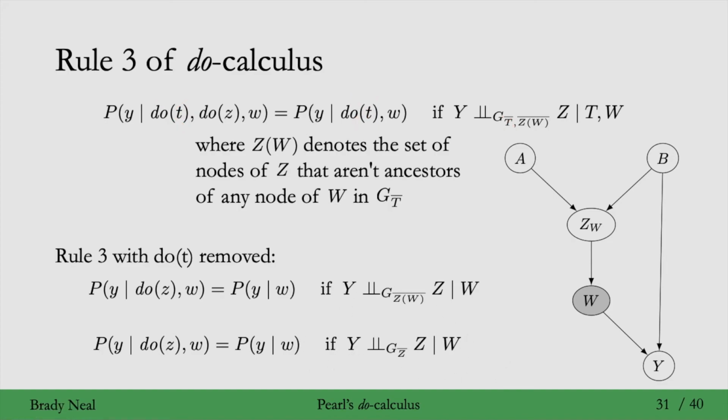So this is the more general version of Rule 3 when we add in this do(T) here. And that's the intuition for why Rule 3 of do-calculus is true. This is a bit of a tricky one, so you might want to pause here and think more about this to help cement that intuition.